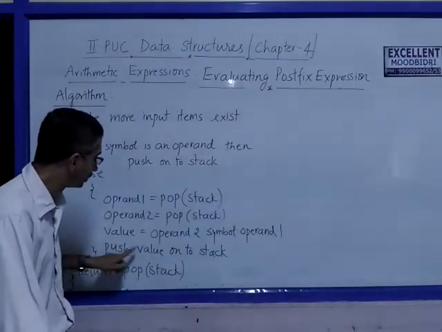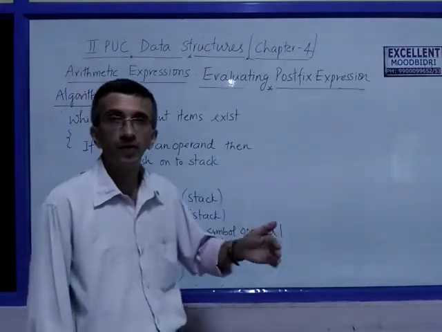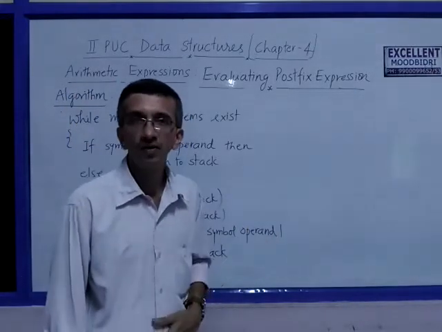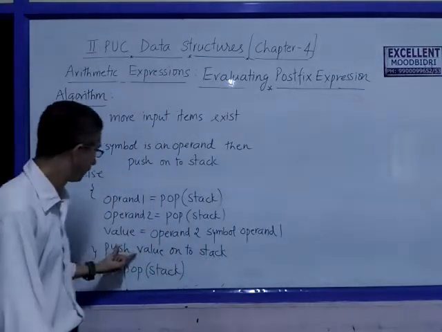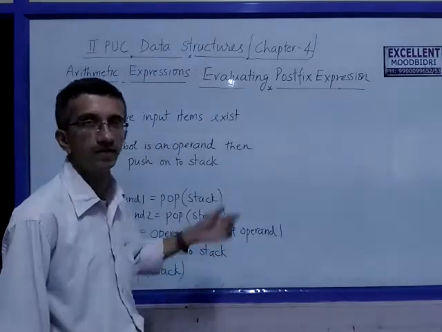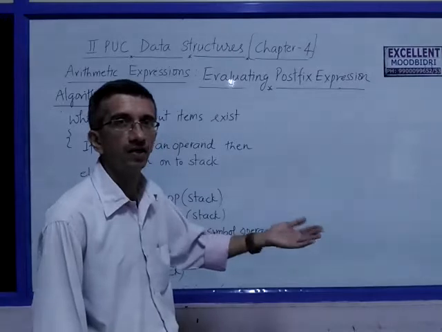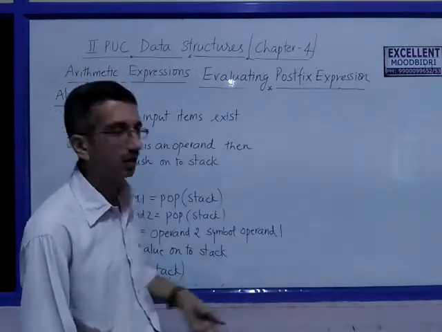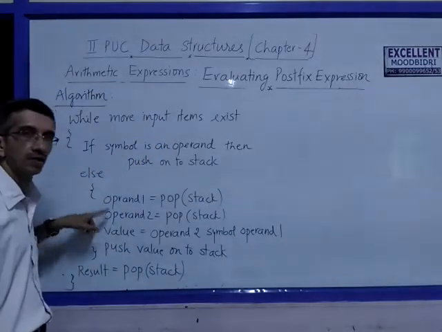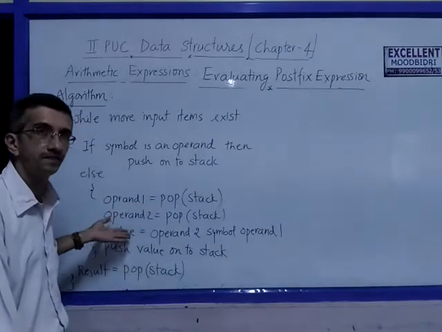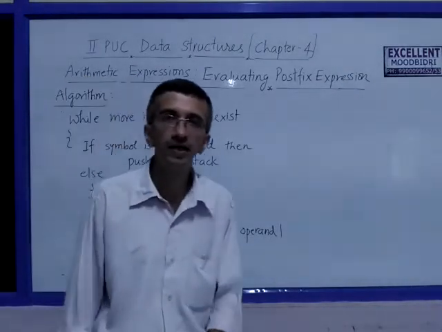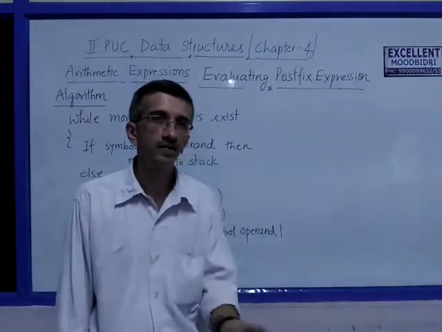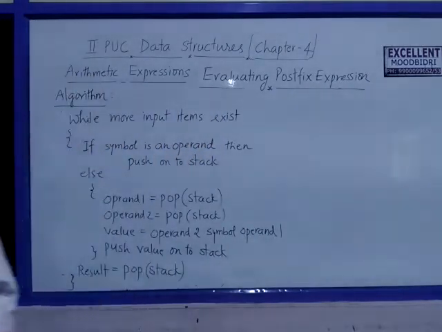Then again the value is pushed onto the stack so that it is available as an operand to the next operation. So the value will be available once again as the operand. It is once again pushed onto the stack. Next it continues in sequence until we have finished all the operators and operands. And finally the result is obtained by popping whatever is there in the stack. Now let us see this using an example.